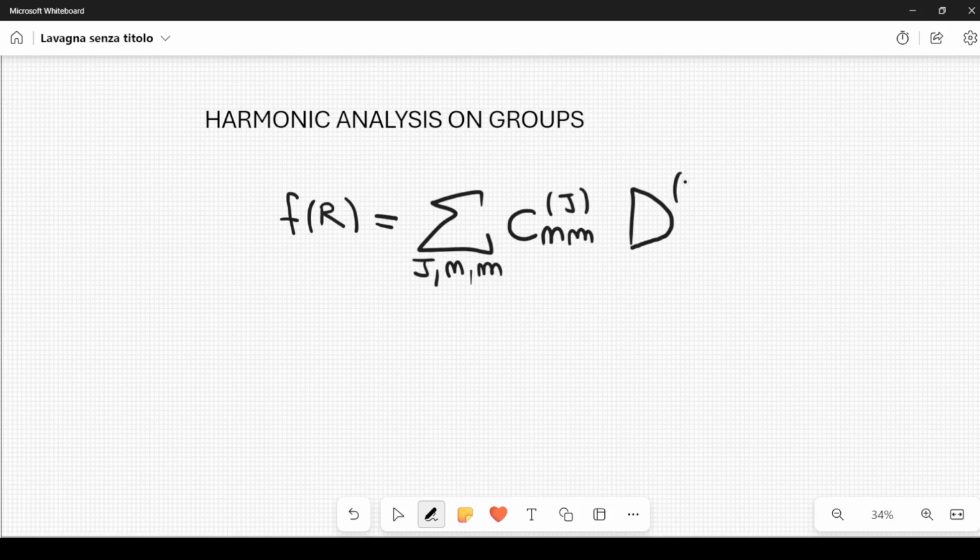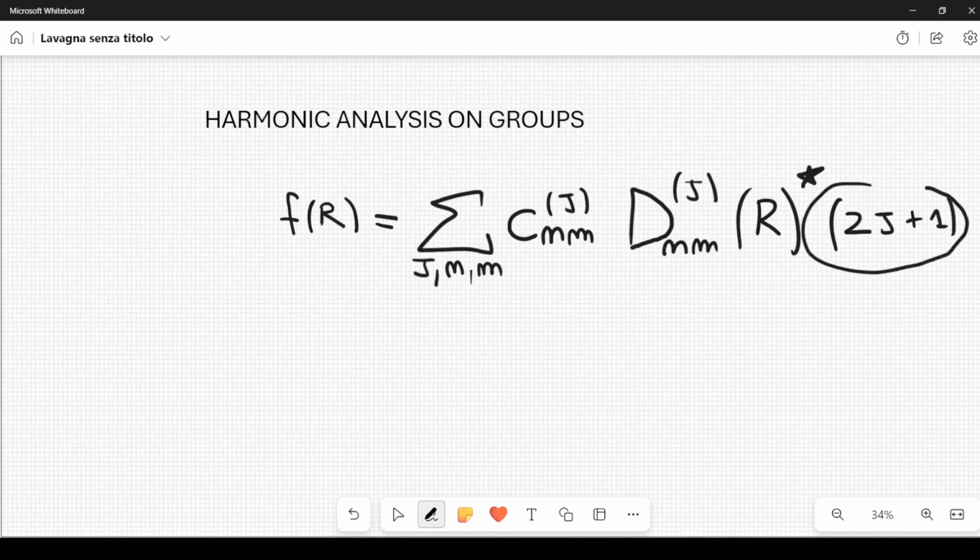So these are representations of the group, D^j_{nm}(R), and I will also put a star here to denote the fact that these matrices are complex conjugated, and I will also put another factor 2j plus 1, and I will explain this factor later. But anyway, this is an expansion performed over the set of matrices.